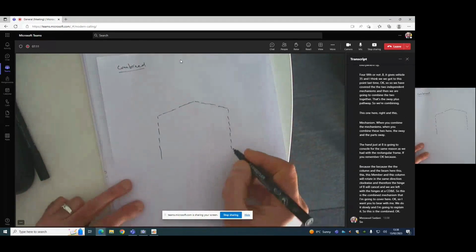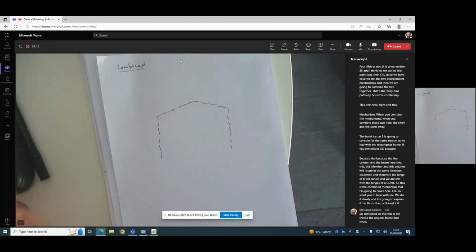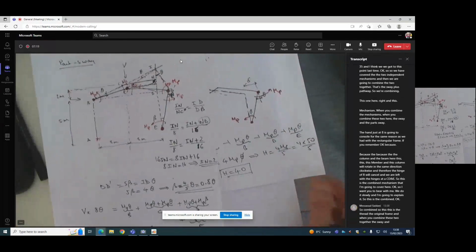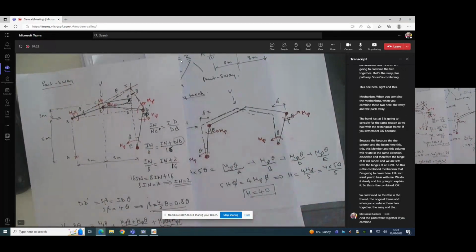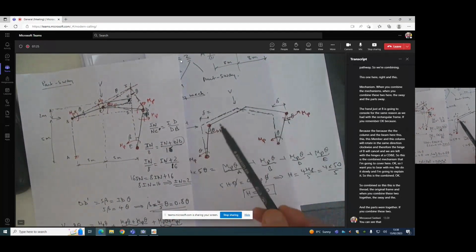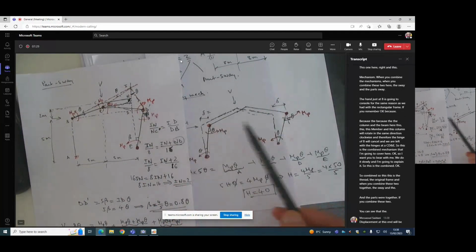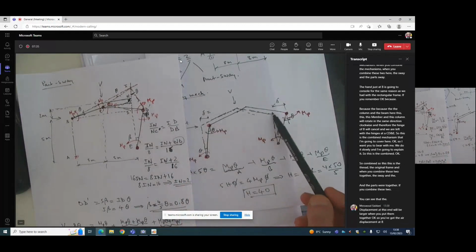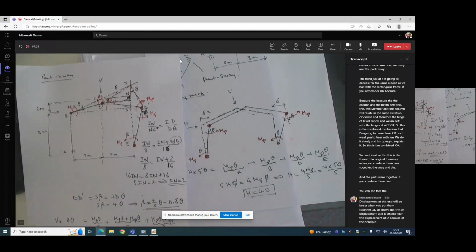So this is the original frame. When you combine these 2 together, the sway and the part sway, you can see that the displacement at this end will be larger when you put them together. The displacement at B is smaller than the displacement at D because of the principle of superposition.